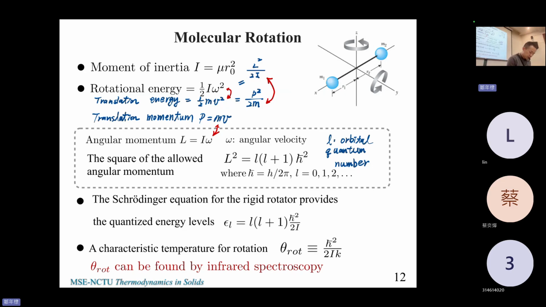So you can write down L times L plus 1, k theta rotate. And the theta rotate, just like the theta vibration, is different for different materials, different gas. And the theta rotate can be measured by infrared spectroscopy. Wow. So this is a kind of material property that you can measure.